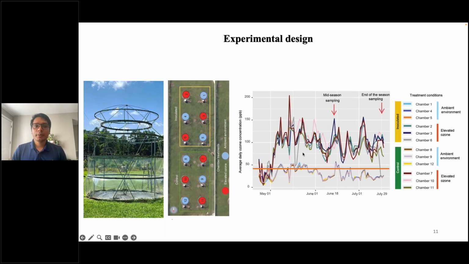When we compare the ozone levels between the chambers, the ozone level within the control or ambient chambers was not statistically significantly different, whereas there was a significant difference between the elevated and the control chambers in terms of the elevated ozone level.